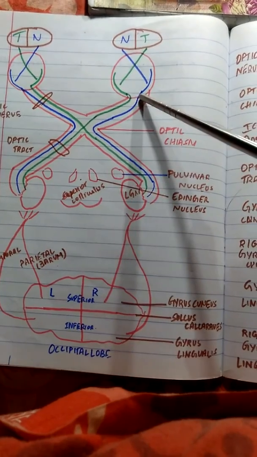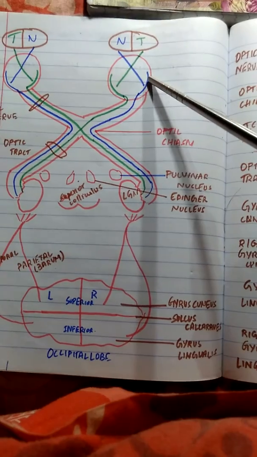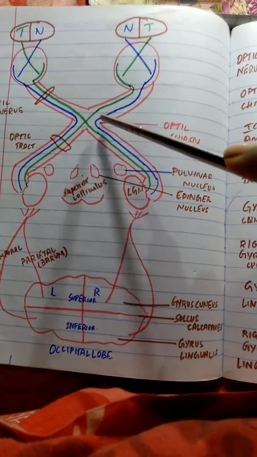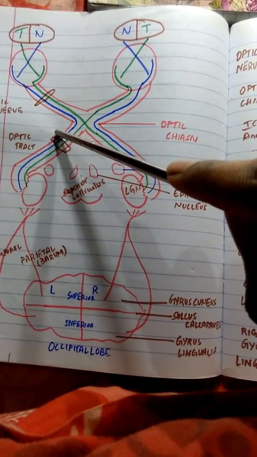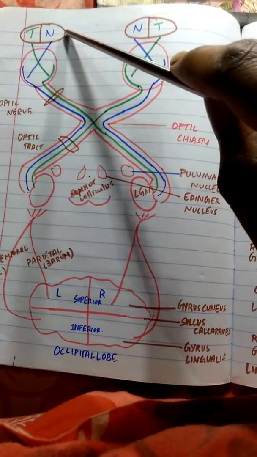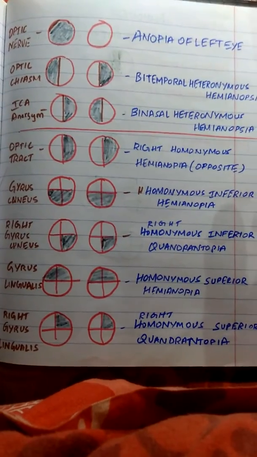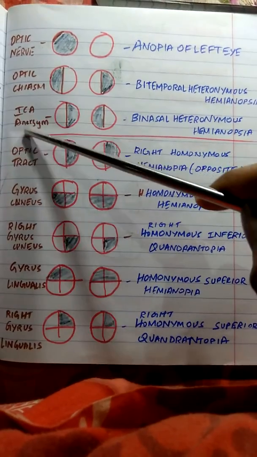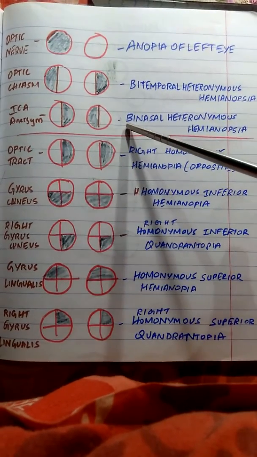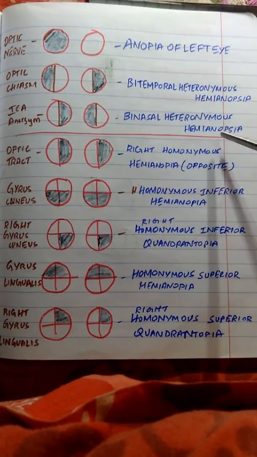If the temporal fibers of that eye are affected, the nasal field is not visible. If it occurs, for example, on both sides with internal carotid aneurysms, both the temporal fibers are affected and the nasal field is not visible. You can see here the internal carotid artery aneurysm and the nasal side is not visible. So we call it binasal heteronymous hemianopsia.